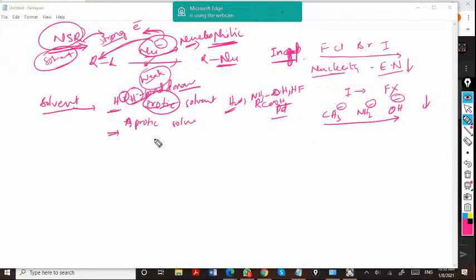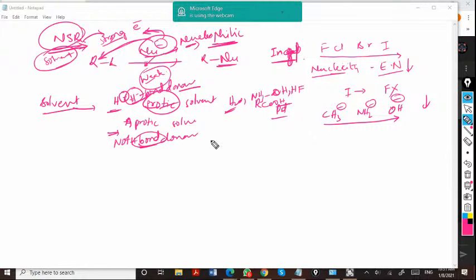Aprotic means the solvent which cannot form hydrogen bonds. These are not hydrogen bond donors.